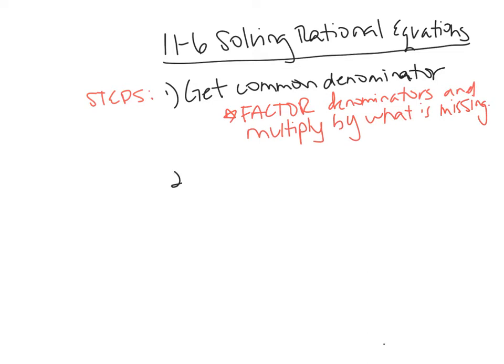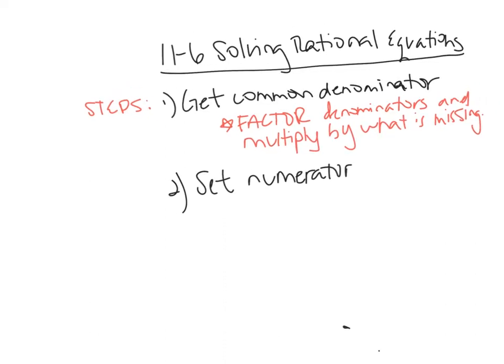Step two, once you get a common denominator, if all your denominators are the same and the left side equals the right side, then that must mean that all the numerators must be equal. So after you get a common denominator, equal denominators means equal numerators. So set numerators equal, left side, right side, and solve for x.